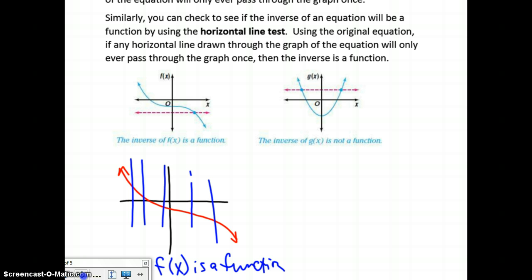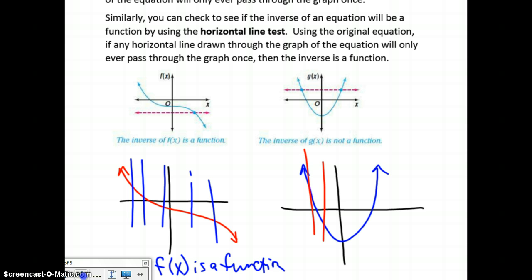The same thing with g of x that you have on the right. g of x is a parabola. And we can see that, again, I can draw a bunch of vertical lines through there. I'm only going to ever cross the function one time. So g of x is a function. And that's the vertical line test.